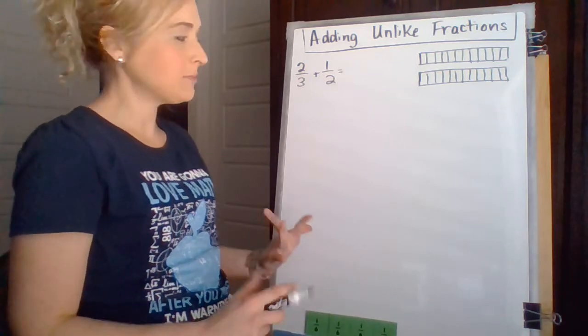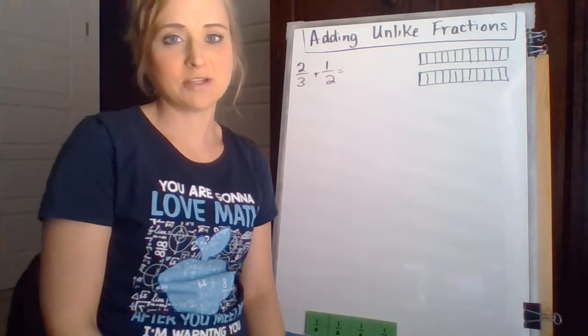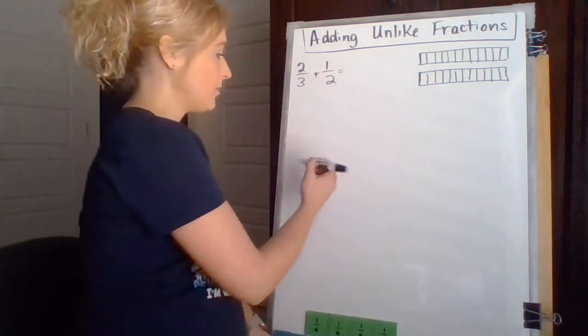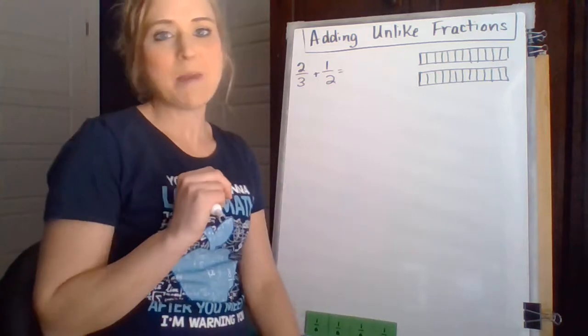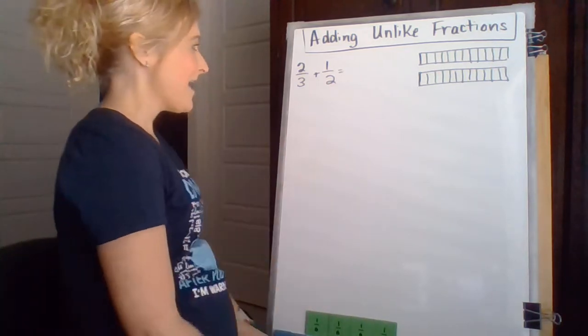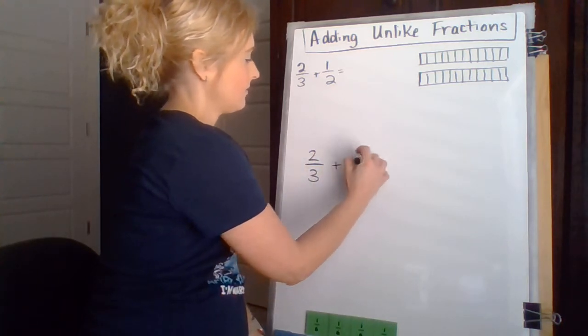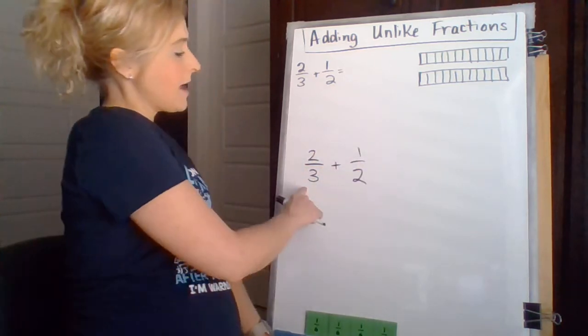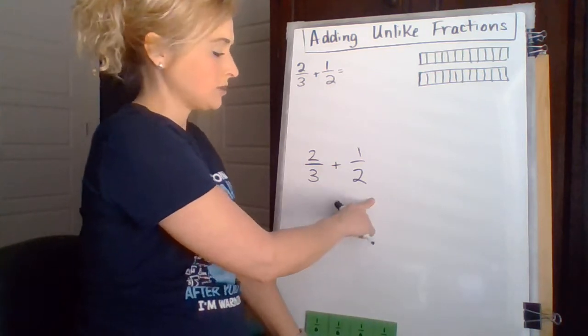Typically, what people will do is just multiply the two denominators together. If you remember in class, we called this the butterfly method, even though that's not a technical math strategy term.